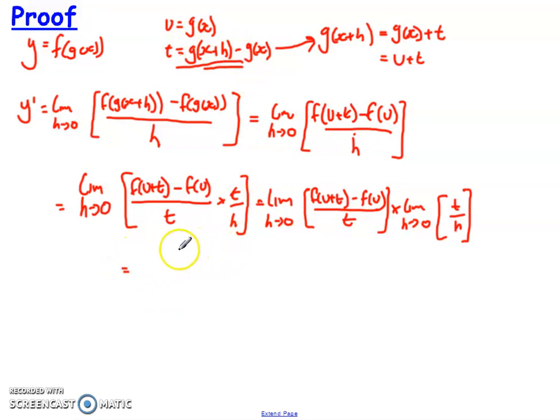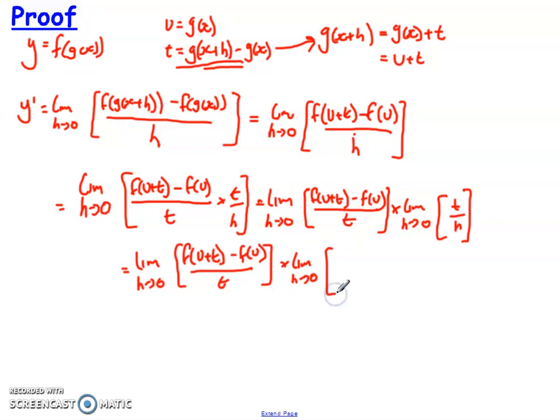So I can rewrite it yet again as the limit as h tends towards 0 of this first one, f of u plus t, take away f of u, all over t, and then substitute in for t in this one, times the limit as h tends towards 0 of t, which I'm now going to rewrite as g of x plus h, take away g of x, all over h. So I've now rewritten it in that format there.